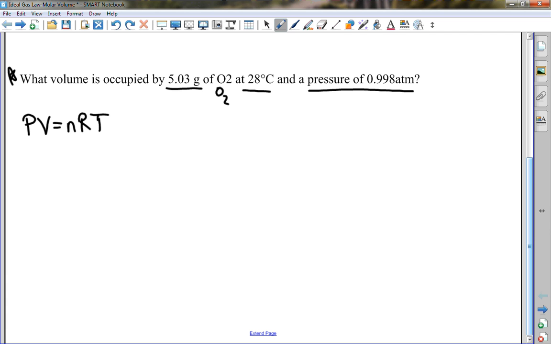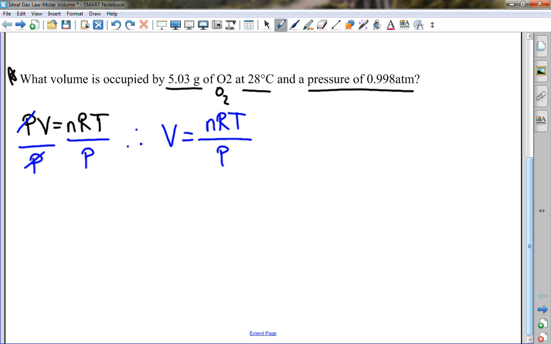If we were to do that, you would just divide both sides by pressure, right? Because we're trying to isolate the volume. Therefore, we would determine that volume is equal to nRT over pressure, right? And then you can plug in your values. So let's just take that approach since we kind of started that way.